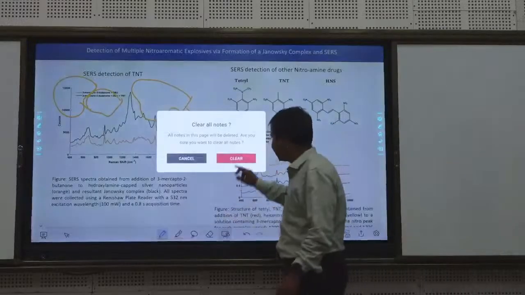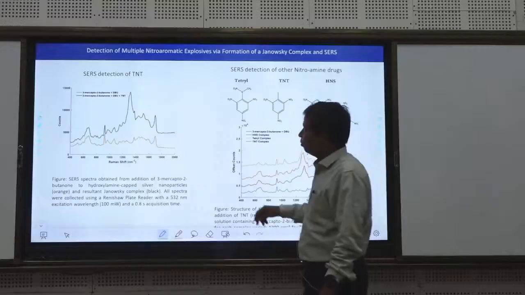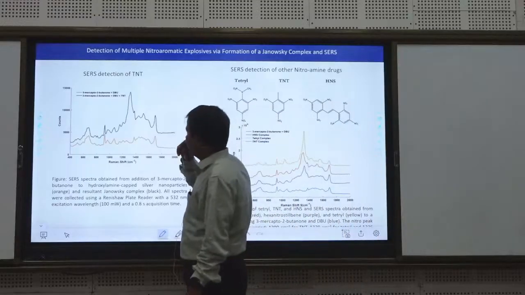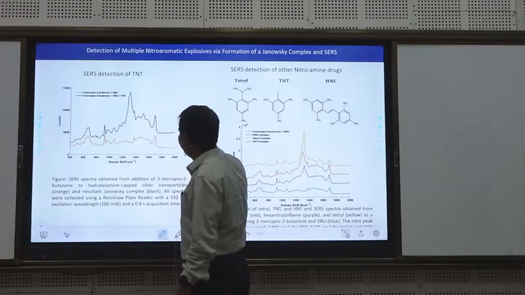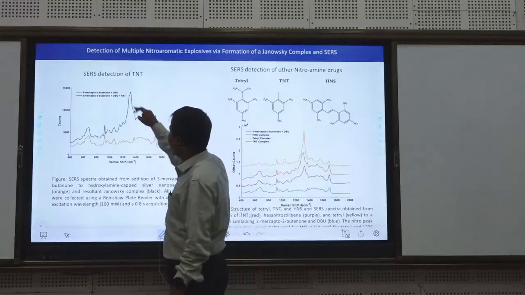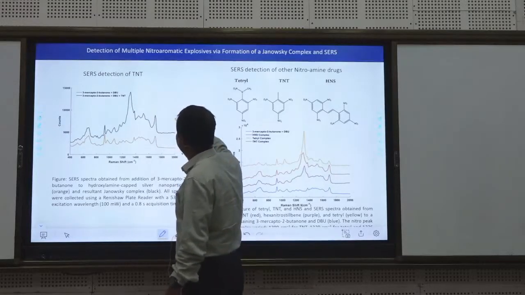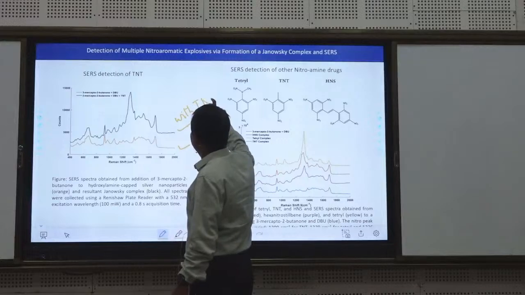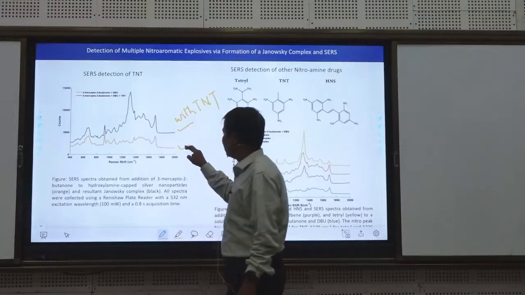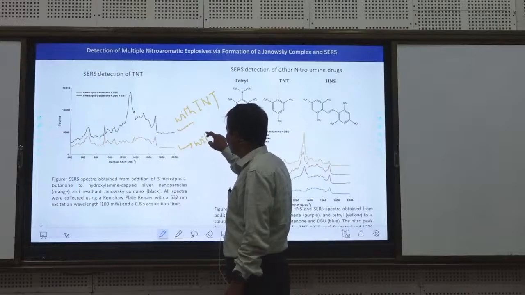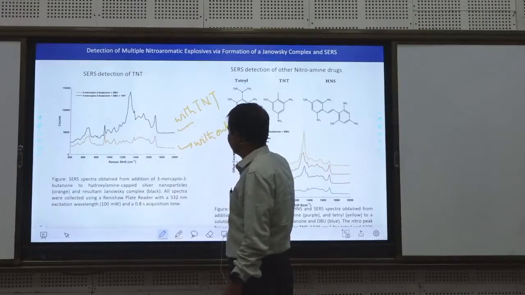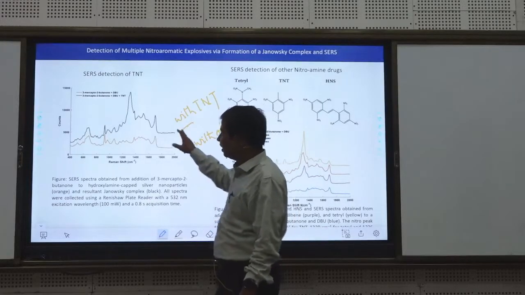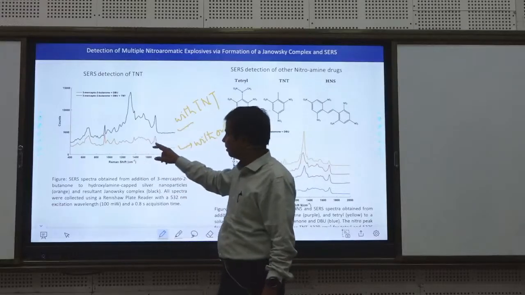So what is the Raman spectra? So now, there are two graphs here. One is this black one with TNT, and this is without. And there is a clear distinction that can be seen.